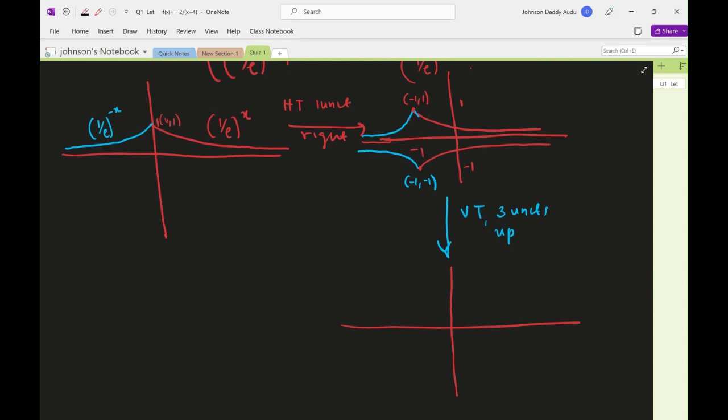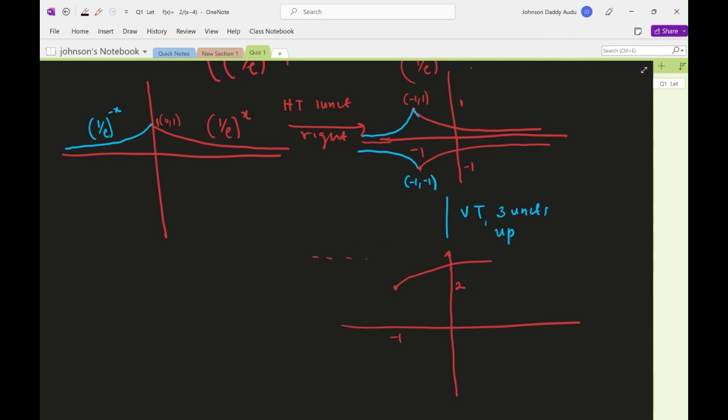Don't forget, we are shifting the side below the x-axis. So if you move it 3 units, remember here it's minus 1. So if we move it 3 units up, it will be at 2, right? Yes. So it will be somewhere here. This is still minus 1, but now this is 2, right? And let's move this up a little.